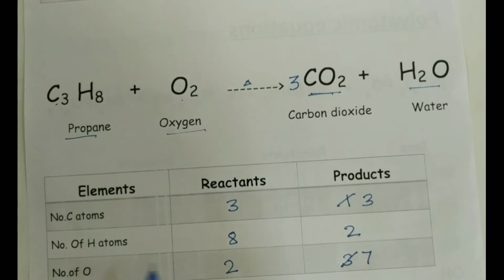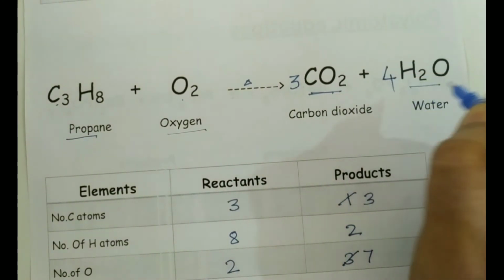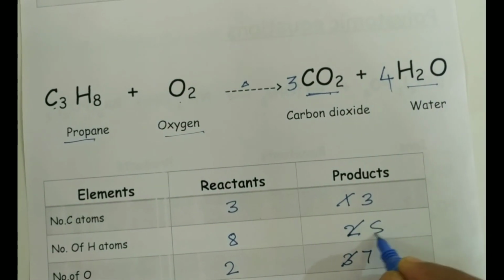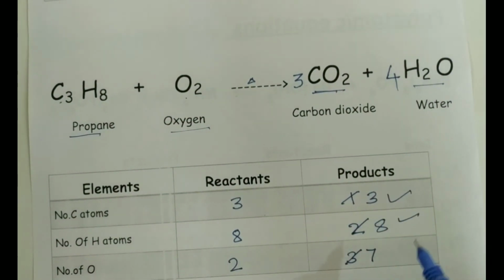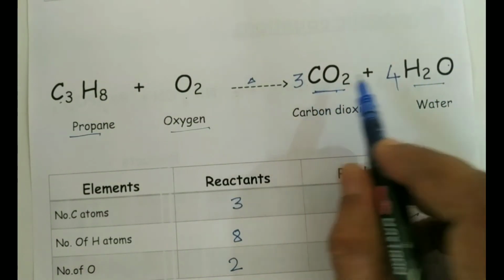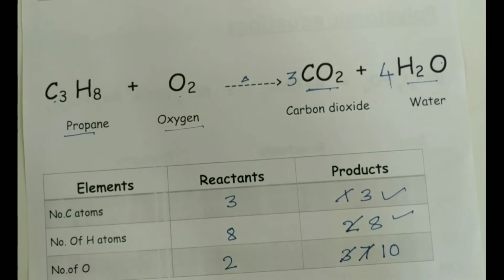Next, what is the hydrogen atom? The number of hydrogen atoms here is 8, here only 2. To make it 8, I will write 4. So 4 of 2 is 8. So both are equal. But again there is a change in the number of oxygen, because 4 plus 6, it is not 7, it becomes 10.